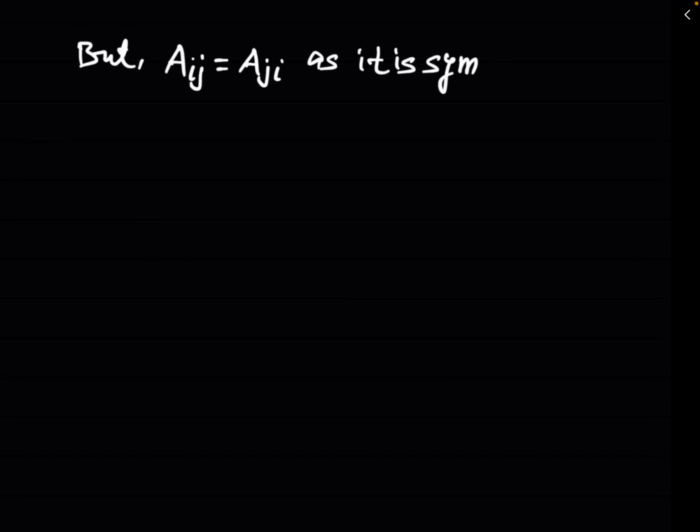So you can say this A sub ij is equal to A sub ji as it is symmetric in coordinate system xi.